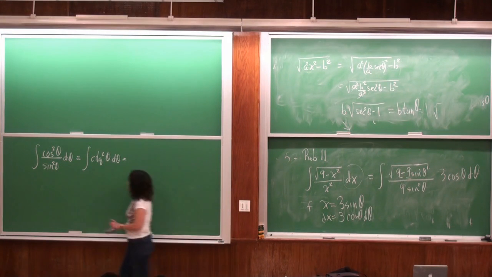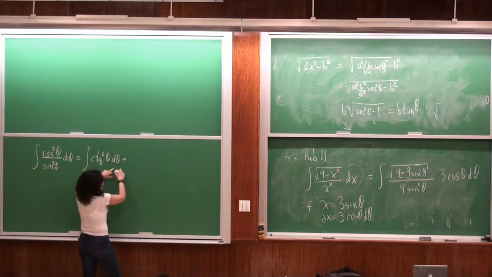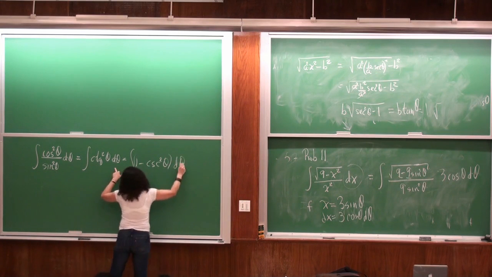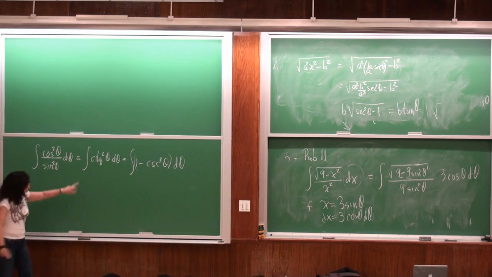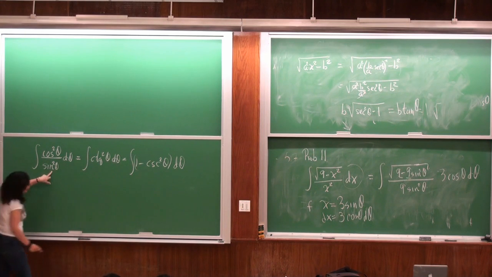Yes, it is. There are two ways of getting to this formula. This is equal to 1 minus cosecant square of theta d theta, right? One is remembering this. The other one is just changing these guys. So this is the same.